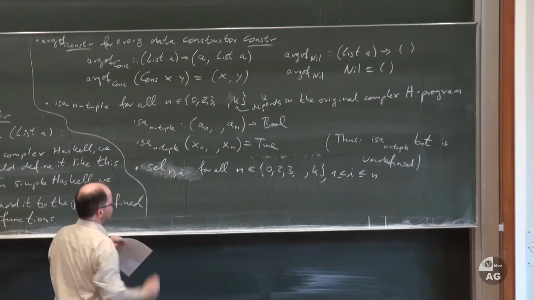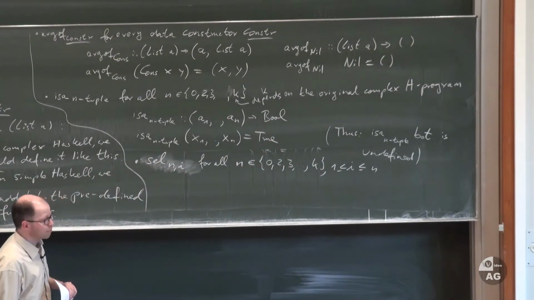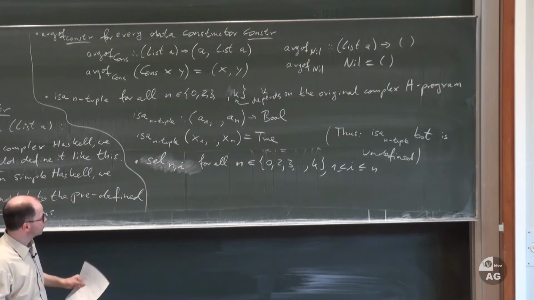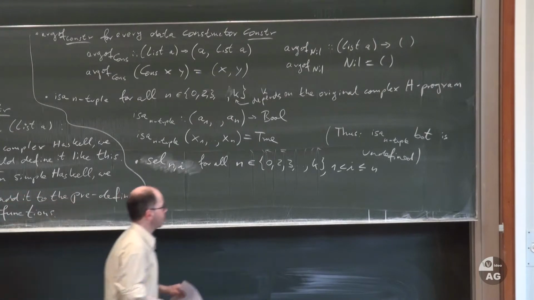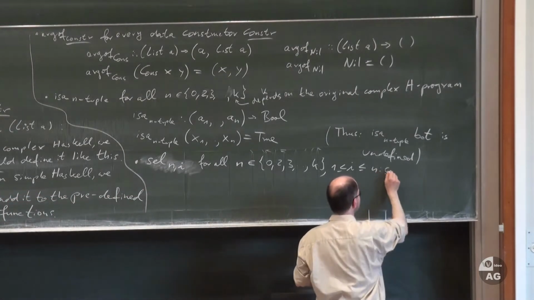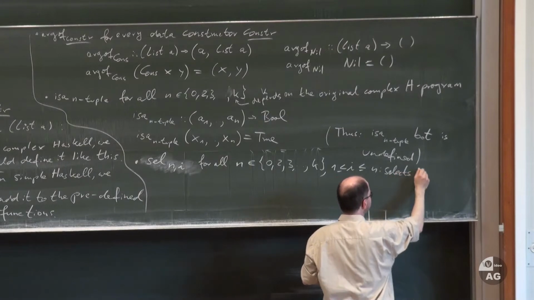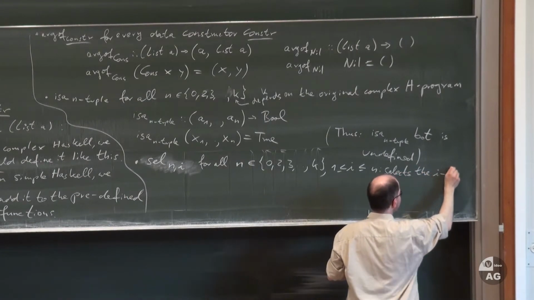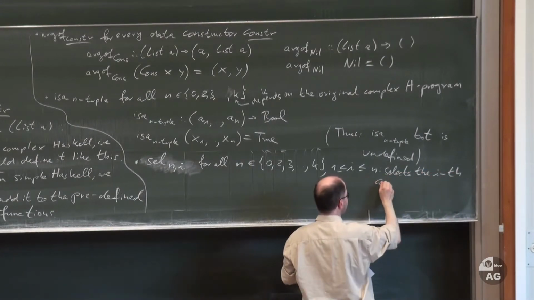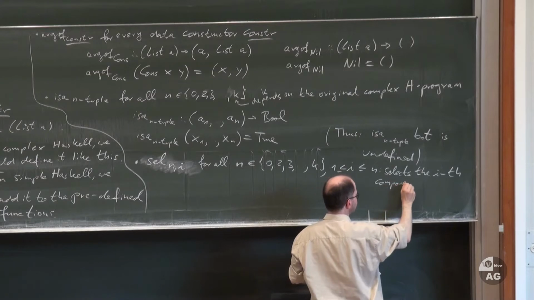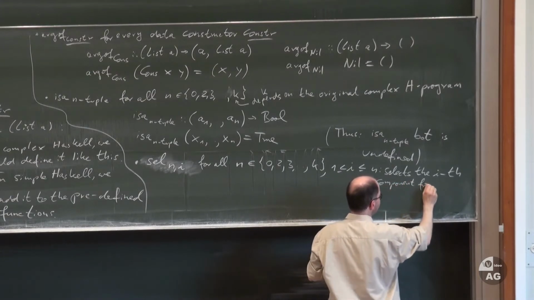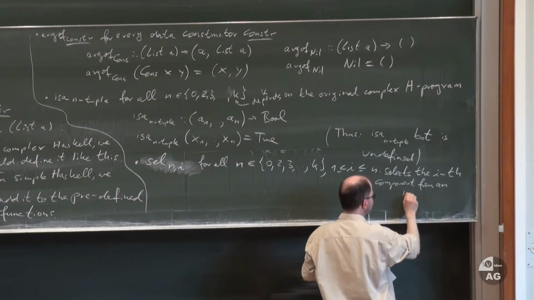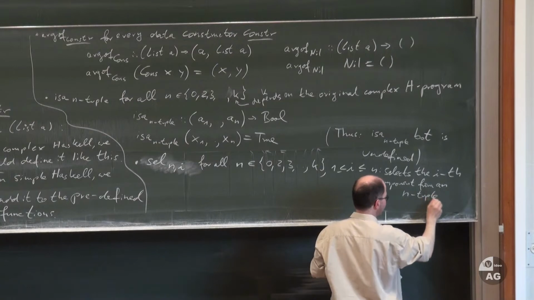And the idea is this should select the ith component from an n tuple, so a tuple with n components.